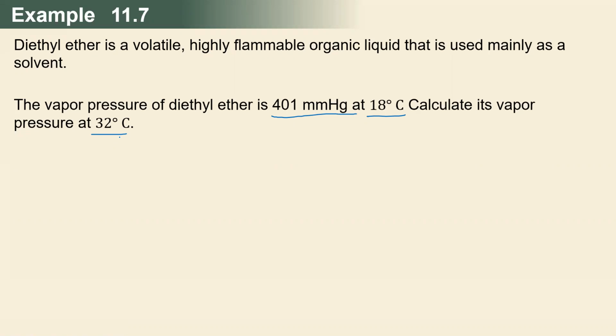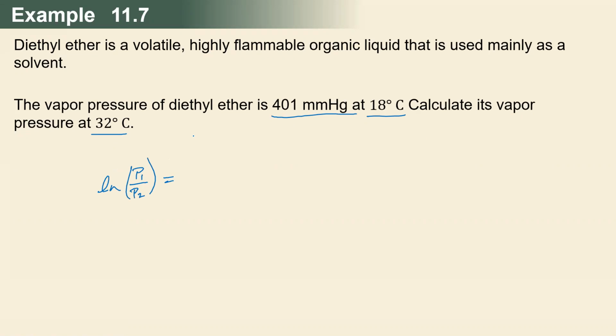And so we need a few pieces of information. Let me just write out our equation again. It's the natural log of P1 over P2. I know I need the 2 pressure version instead of the 1 pressure version because it gives me a pressure and asks for another pressure at different temperatures.